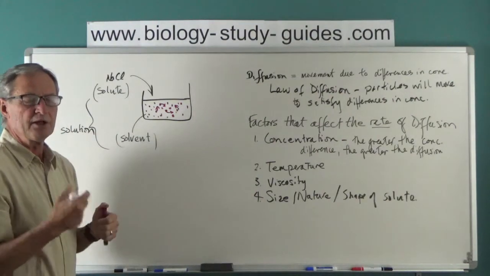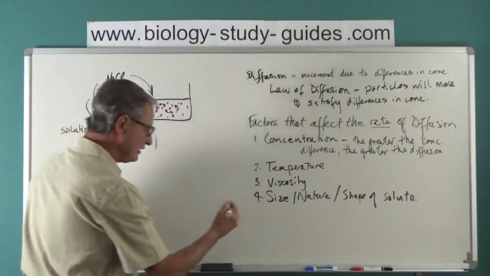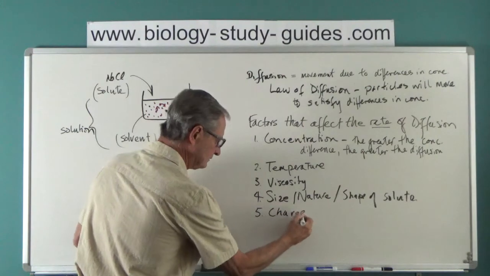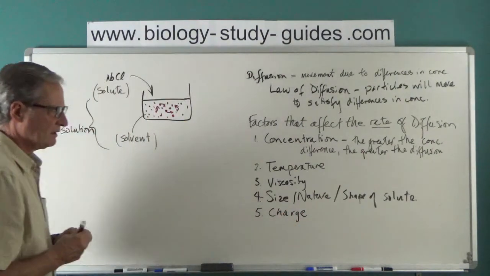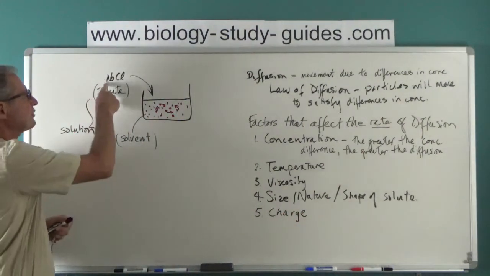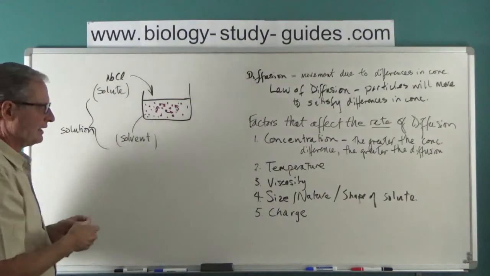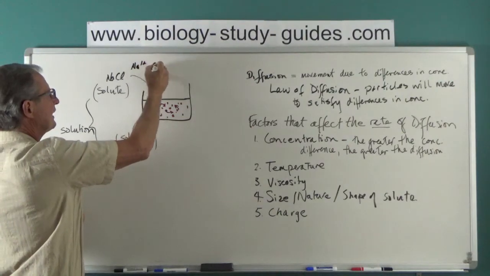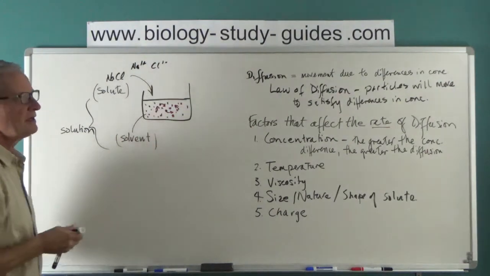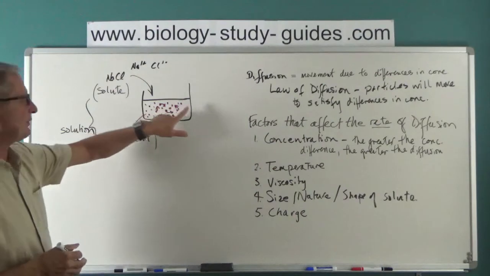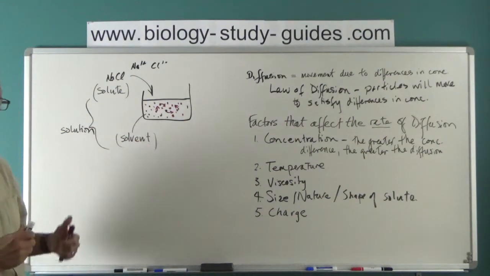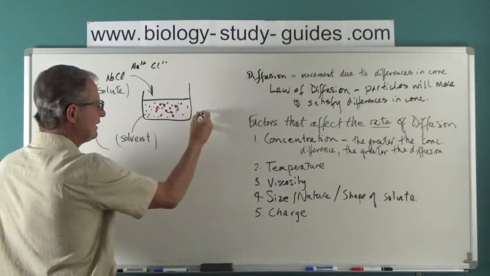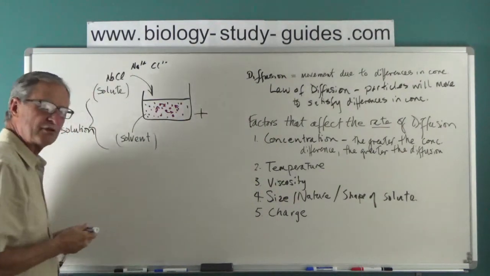Another one that is important here is whether or not there's a charge involved. If we're talking about sodium chloride and we're talking about ions, so we've got sodium ions and chloride ions, and if we were talking about a system that had some sort of charge associated with it, so there was something here that may be positively charged.